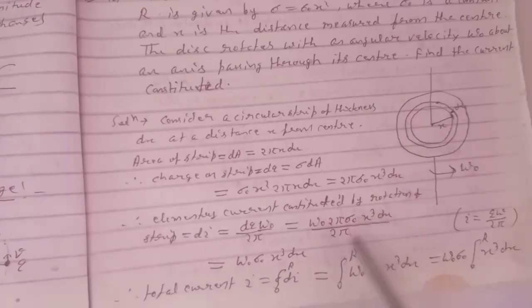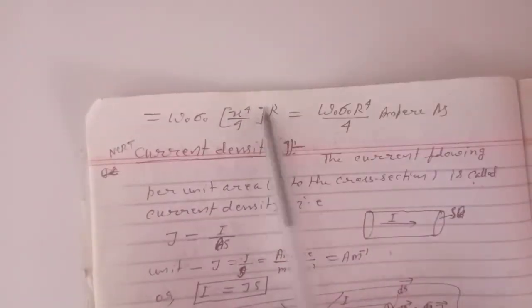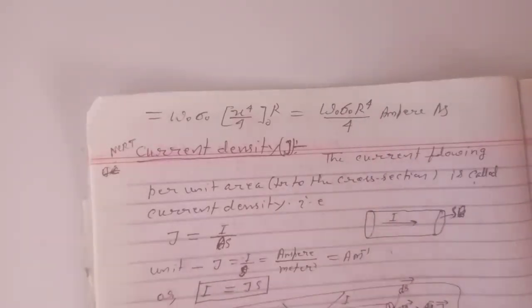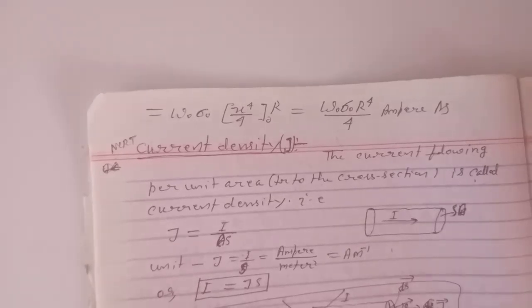Here we see that x is the variable, representing the radius of a strip, so it will vary from 0 to R, because the radius of the disk is given as R. So I equals the integral from 0 to R of omega naught sigma naught x cubed dx, which is omega naught sigma naught times the integral of x cubed dx from 0 to R. Solving this, we have omega naught sigma naught x to the fourth by 4 from 0 to R, or omega naught sigma naught R to the fourth by 4 ampere. This is the current constituted by the rotating disk.